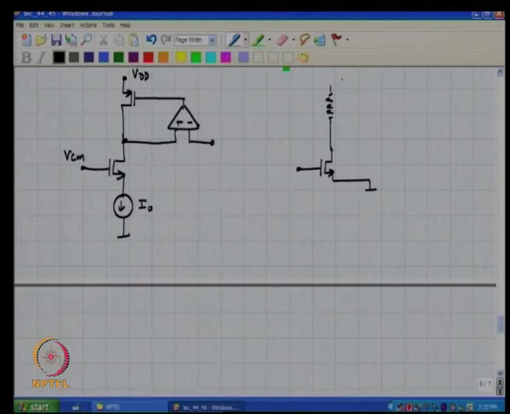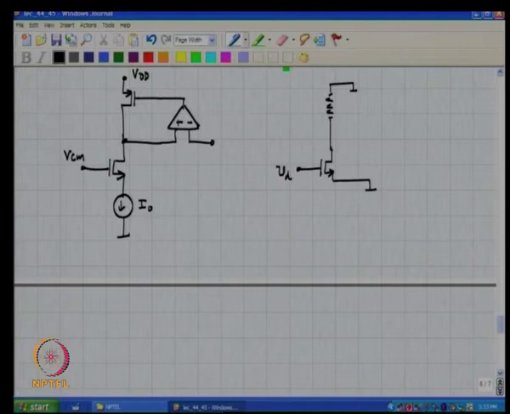I have drawn the resistor in dotted lines simply to indicate that resistance is very high and should ideally be a current source with an incremental open circuit as the equivalent impedance, okay.